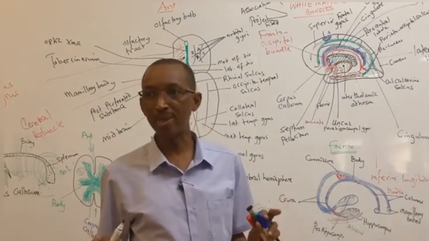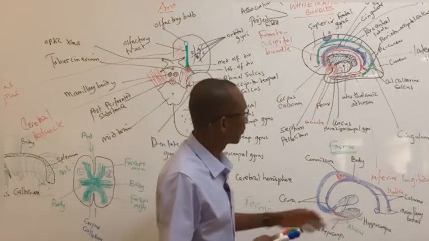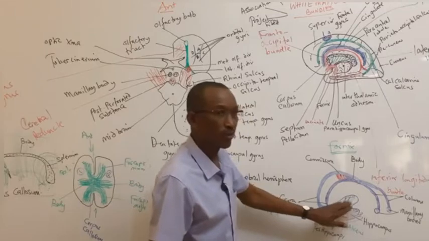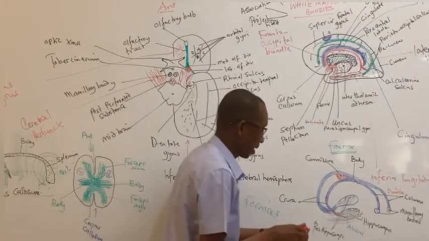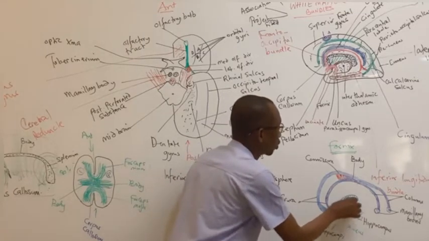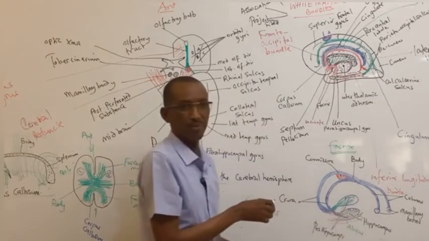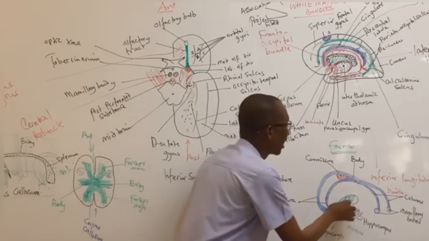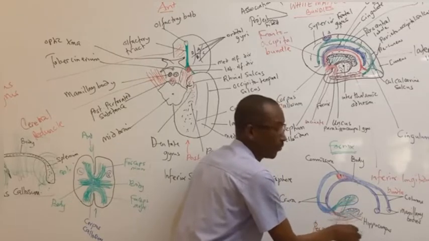Are you clear? Good. What I should also add is that on the surface of each hippocampus, there are white matter bundles that also contribute to the formation of the fornix. These white matter bundles lying on the surface of the hippocampus are called the alveus.